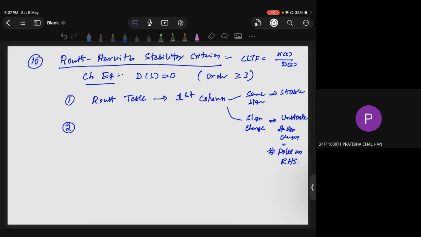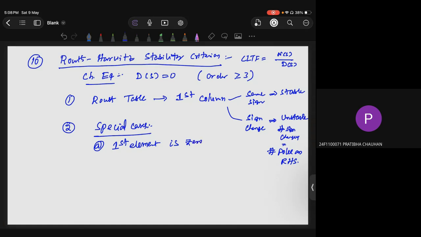Then in the same Routh table, we'll have two special cases. You remember those special cases? What is the first special case? The first element is 0.